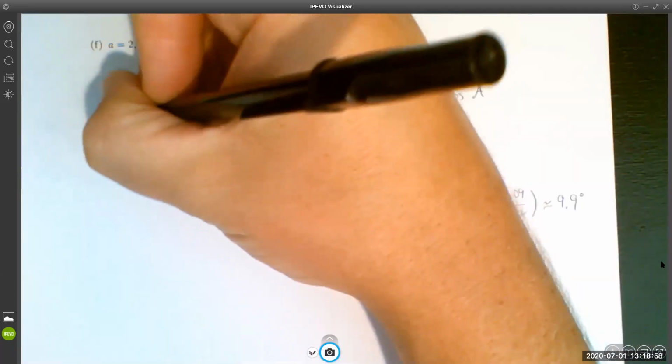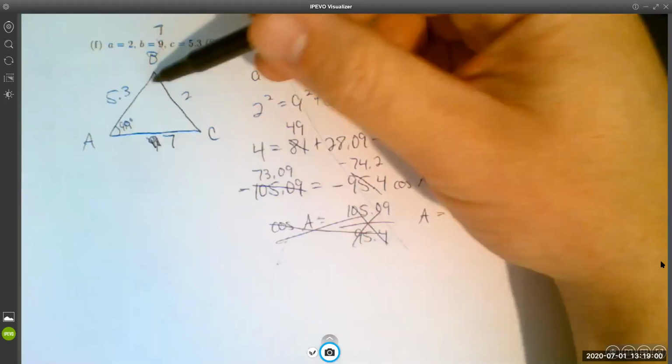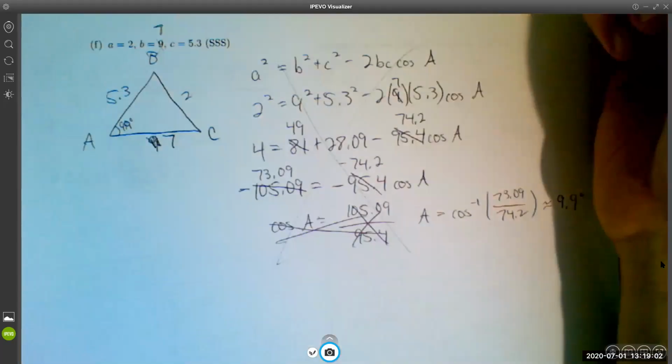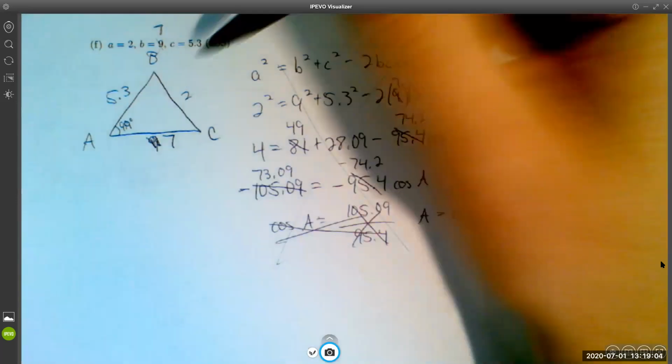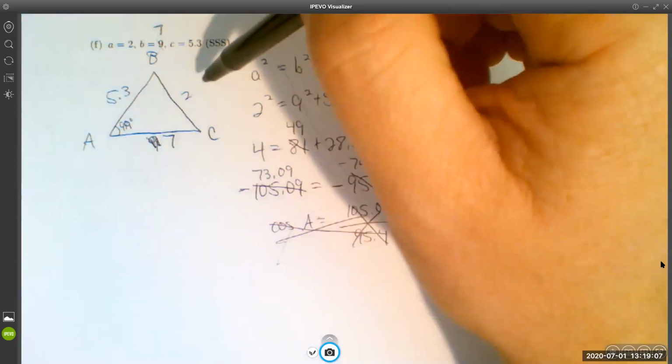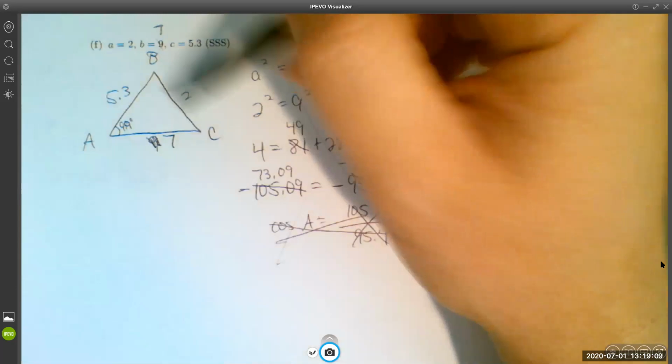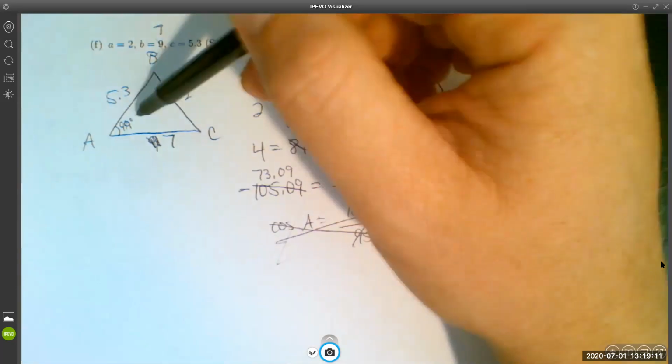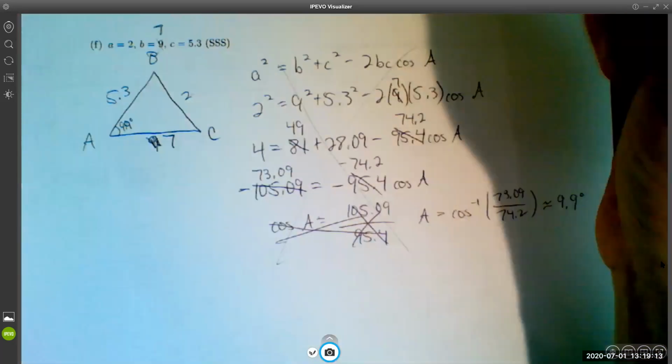So then to get the other two angles in the triangle, you could use, again, law of cosines to find the other two angles, but you could also use law of sines, and in my opinion, law of sines is a little easier.